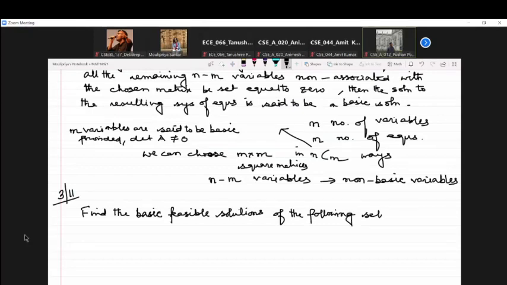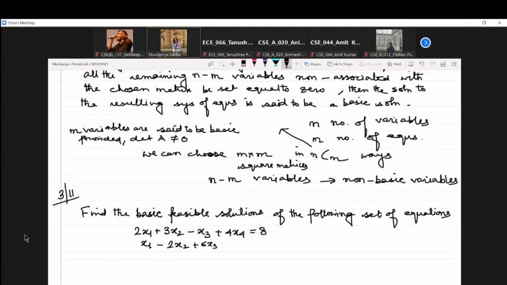Following set of equations. And the system of equations is like 2x1 plus 3x2 minus x3 plus 4x4 equal to 8, x1 minus 2x2 plus 6x3 minus 7x4 equal to minus 3.